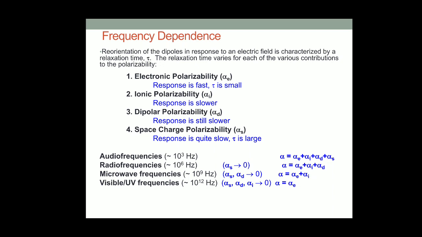So in this lecture I am going to explain the frequency and the temperature effects of all the polarization mechanisms. When the field is applied to the dielectrics, the polarization occurs as a function of time.